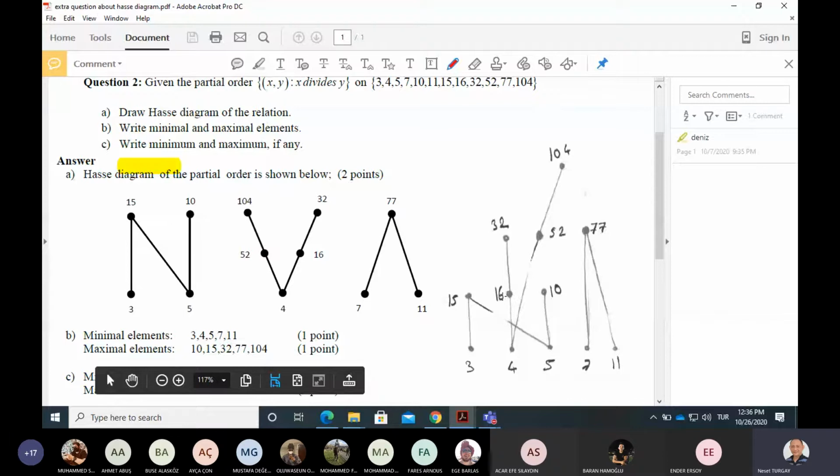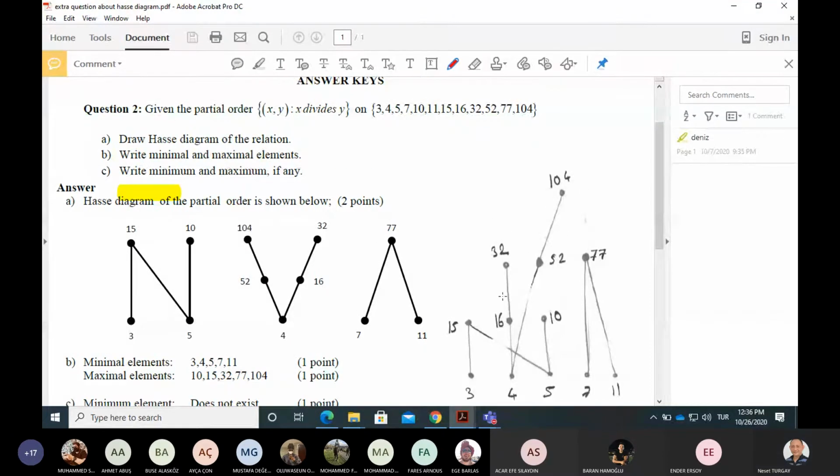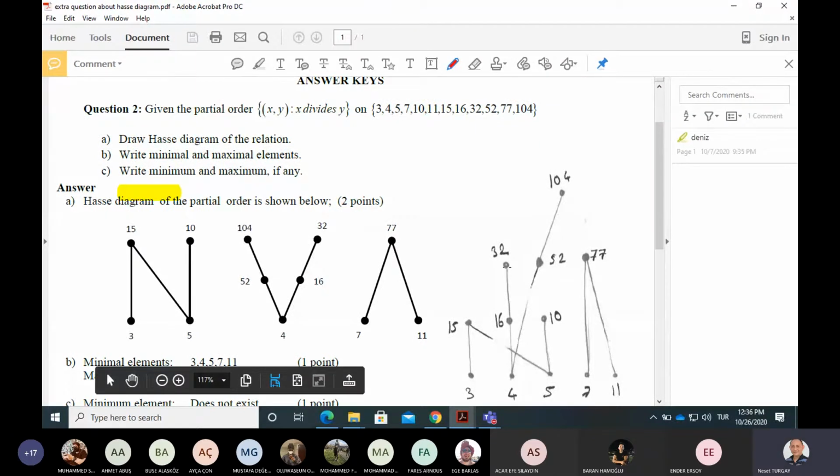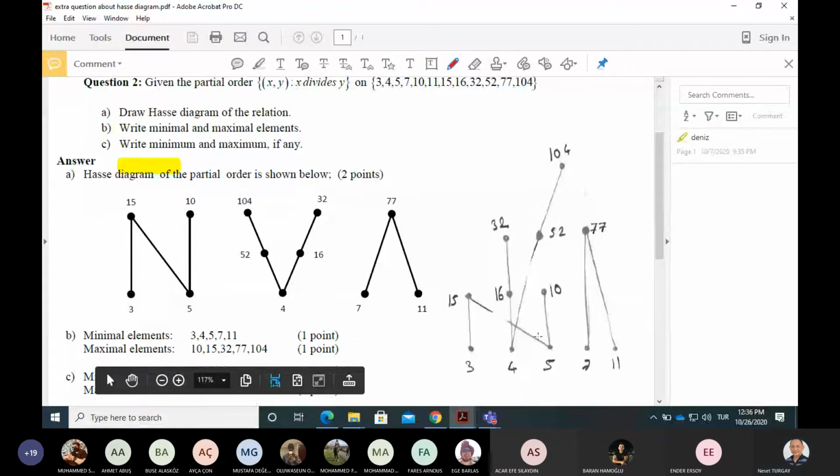After that, does 16 divide 32? Yes, sir. Yes. So we have a line. Does 32 divide 52? No. It needs to be in the same level because there are guys here which divide this.